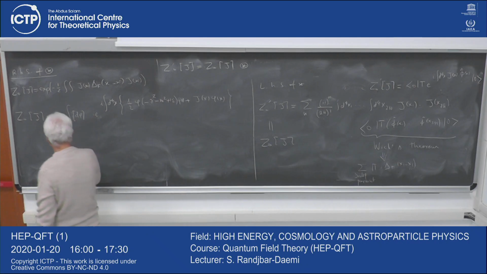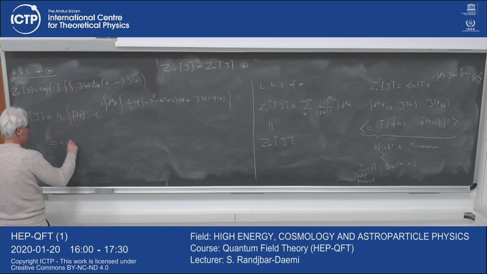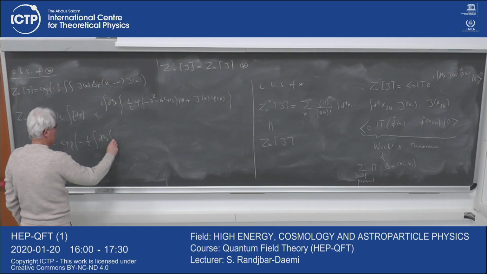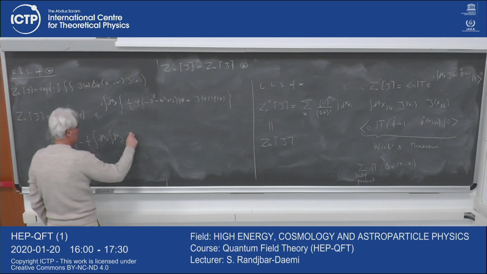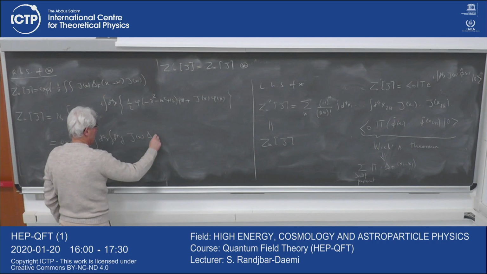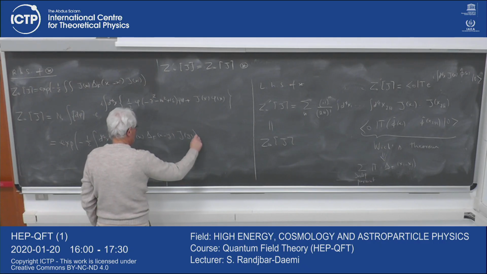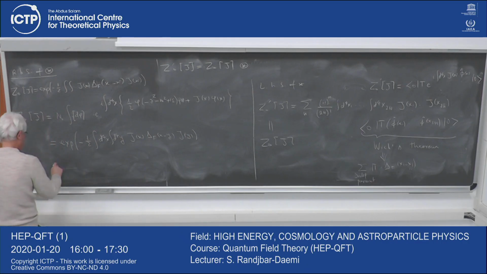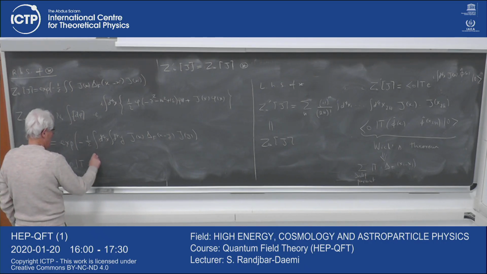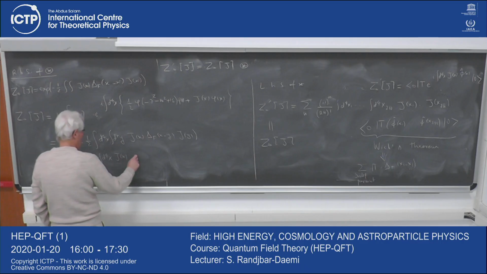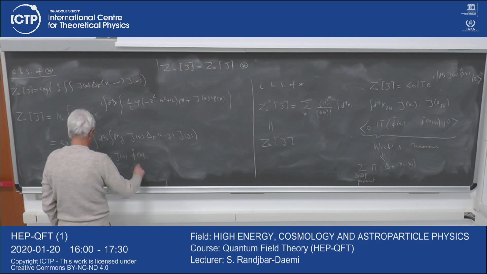We proved that this is equal to exponential of minus 1/2 d4x d4y j of x delta Feynman x minus y j of y. We also proved that it is the same thing as the vacuum expectation value of the time order product of exponential of d4x j of x times the field operator phi hat of x.